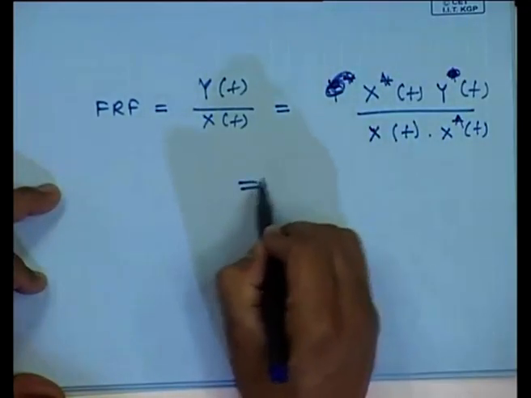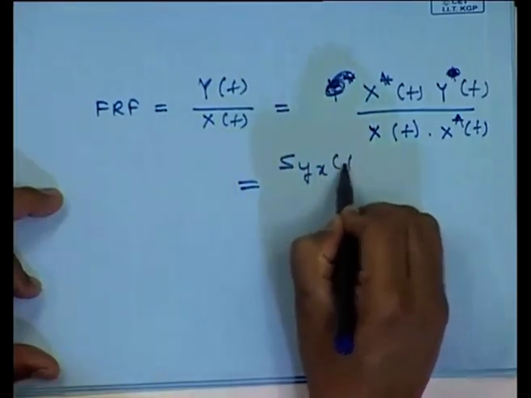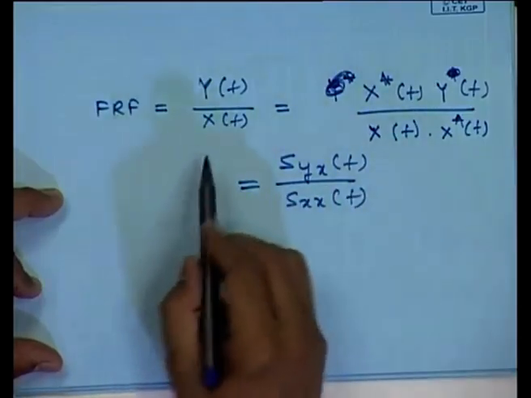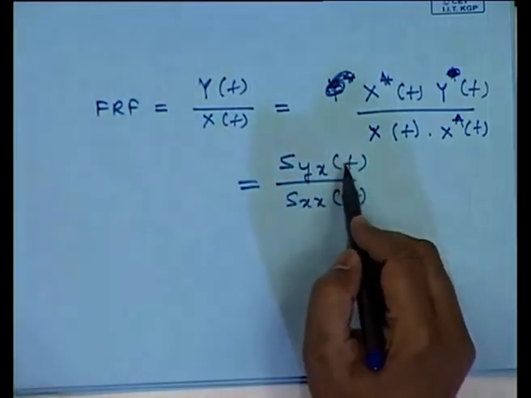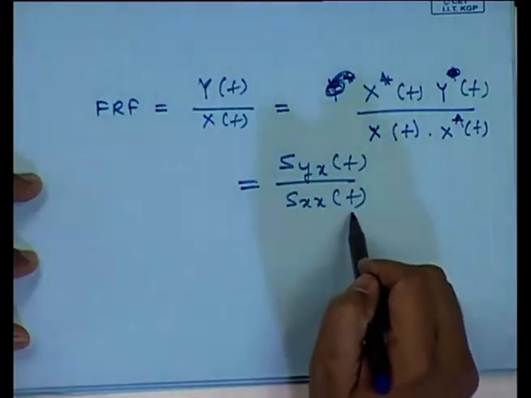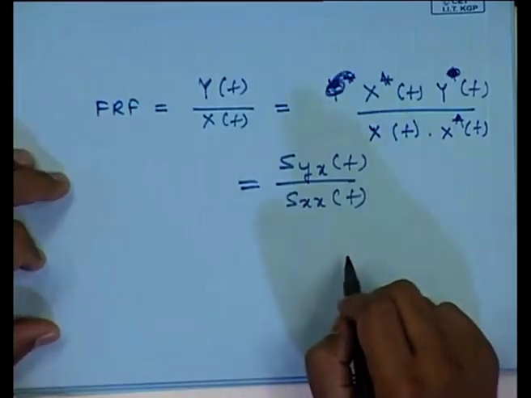This means what? So the frequency response function can be computed as the cross spectrum divided by the auto power spectrum of the input, cross spectrum between the output and input divided by the auto power spectrum of the input.